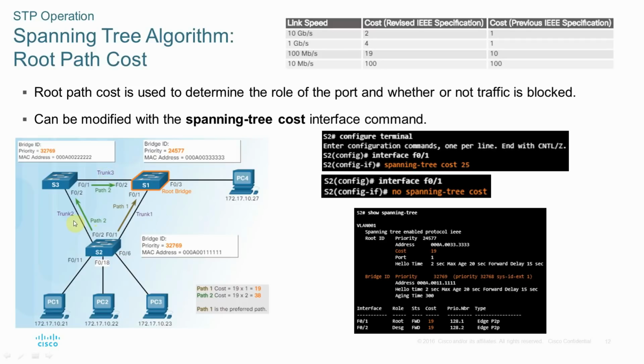The cost of this link is 19, the cost of this link is again 19, 19 plus 19 becomes 38. So it has more cost, so this path will never be followed, because the other has the lowest cost to reach PC4. This path is 19, so it has the lowest spanning tree path cost value. So this path will be elected to reach PC4, and this other one will be in the blocking state.